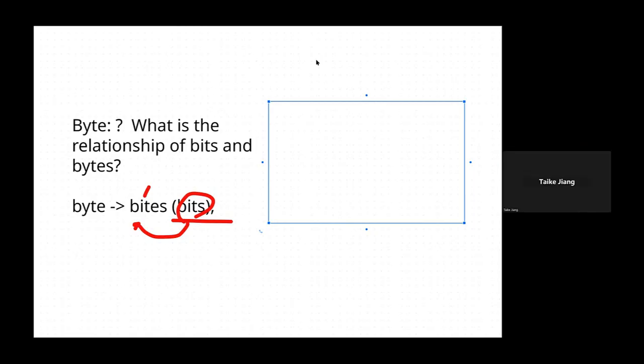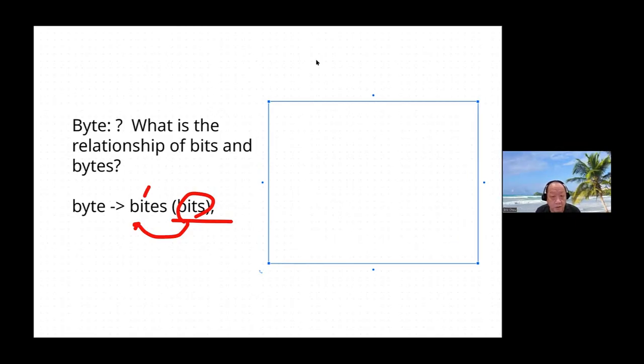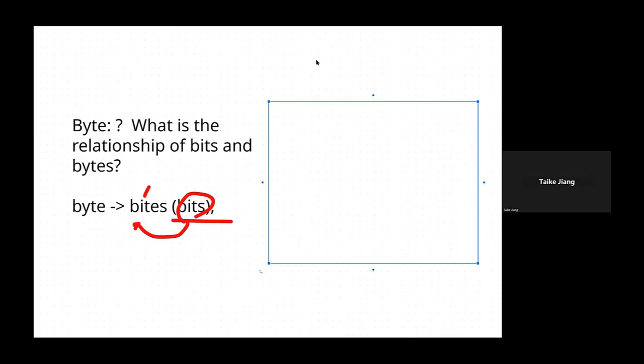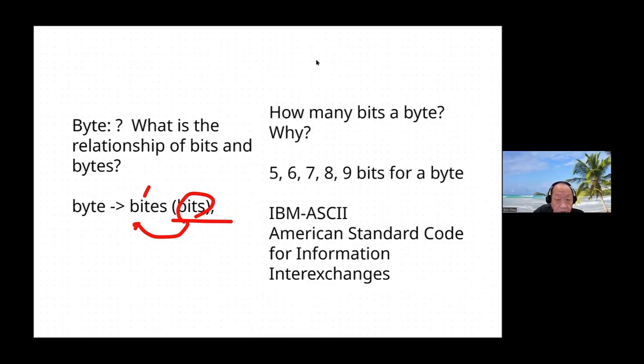It's called American Standard Code for Information Interchange. This is why it is called ASCII.